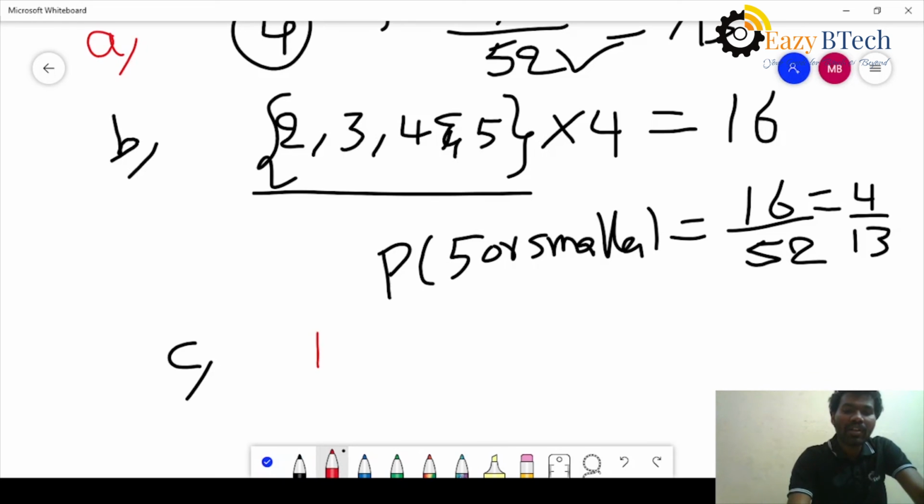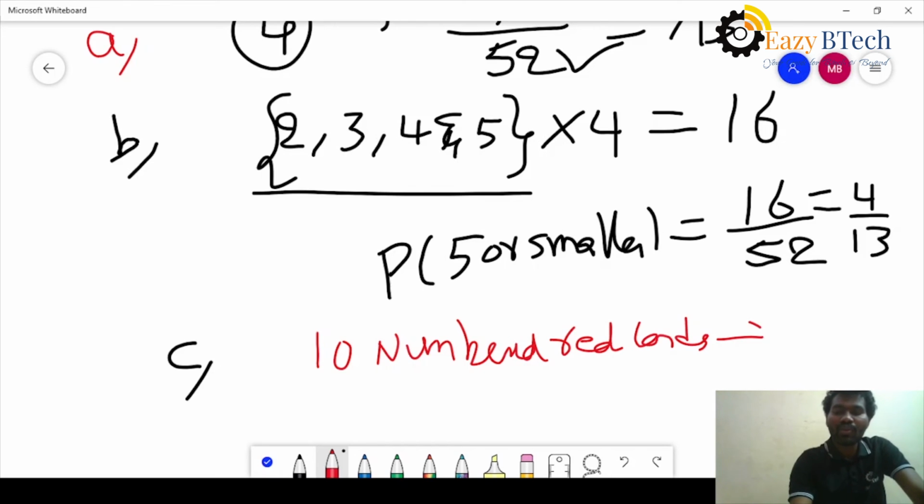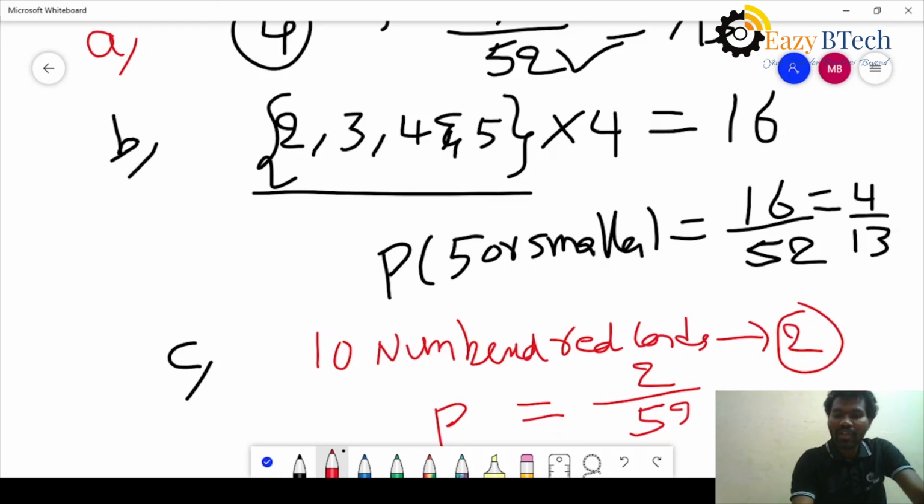So the favorable events are 2 and the total number of events is 52. So the probability is 2 by 52, which becomes 1 by 26.